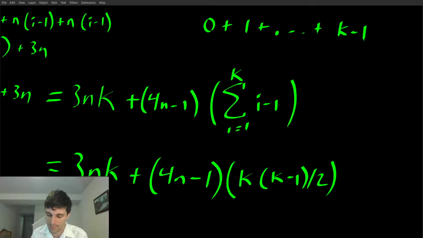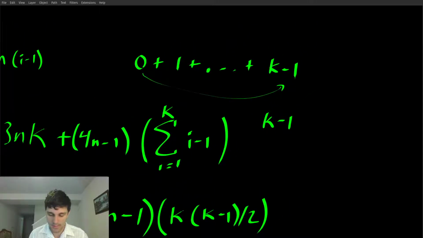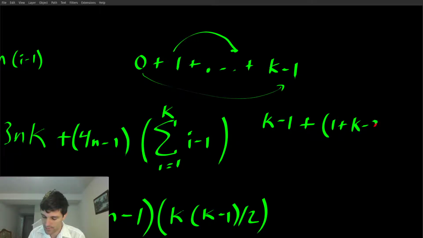If you have, great. Well, 0 plus k minus 1 is k minus 1. I'm going to pair the terms sort of outer to inner. So then I'm going to pair 1 with, I didn't write it here, but what would be k minus 2. So I'm going to have 1 plus k minus 2, which is also k minus 1, right?